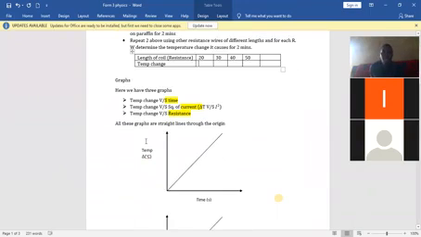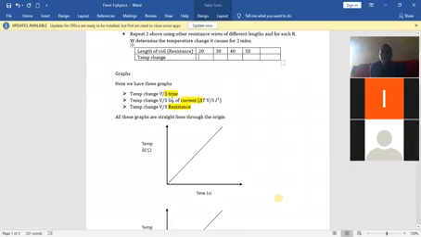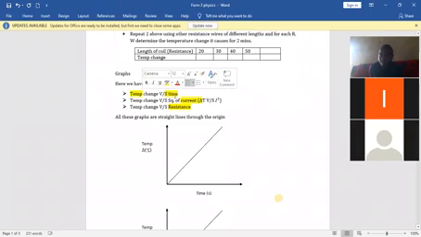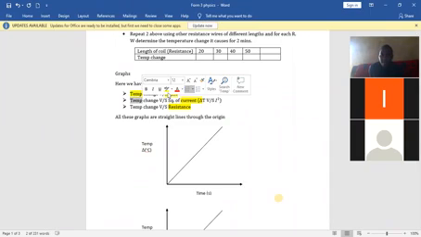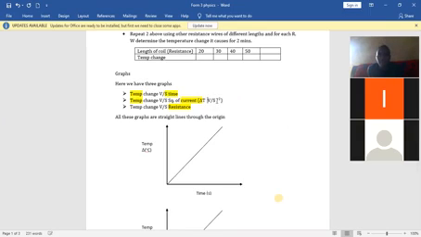If we come here, we shall have 3 graphs. Look at those 3 graphs. We shall have one graph for temperature versus time. We shall have another graph for temperature versus current squared, the square of current.